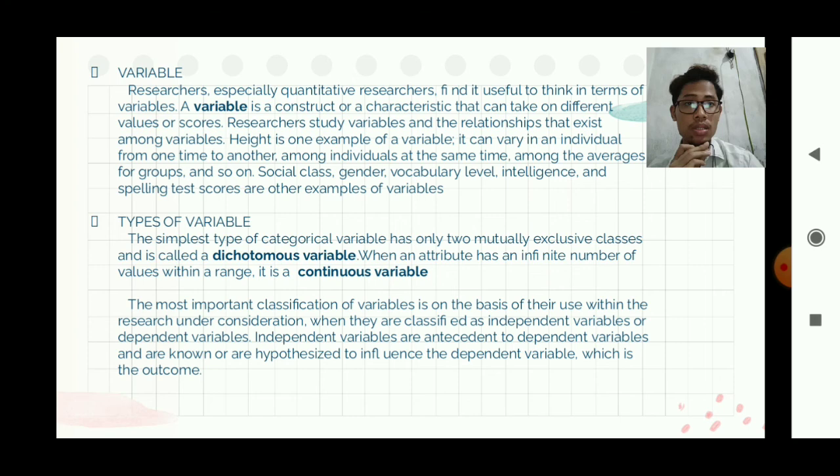The most important classification of variables is based on their use within the research under consideration. They are classified as independent variables or dependent variables. Independent variables are antecedent to dependent variables and are known or hypothesized to influence the dependent variable, which is the outcome.